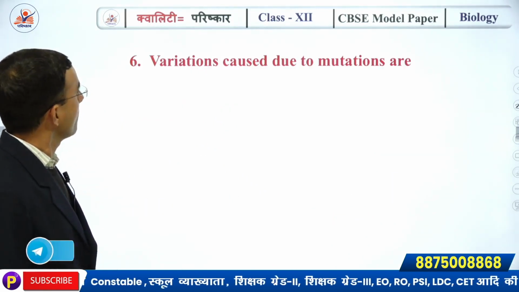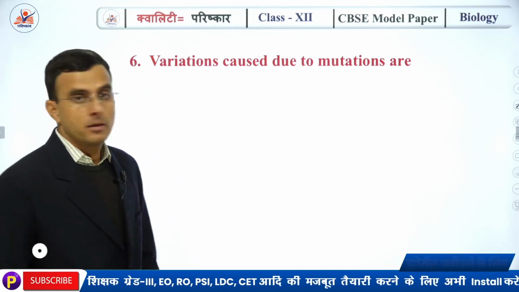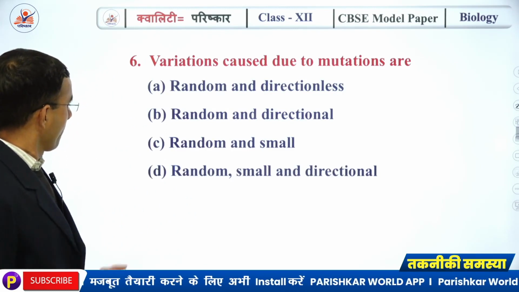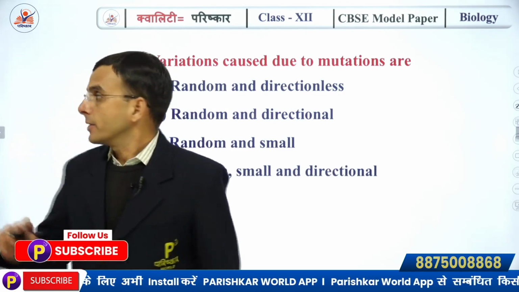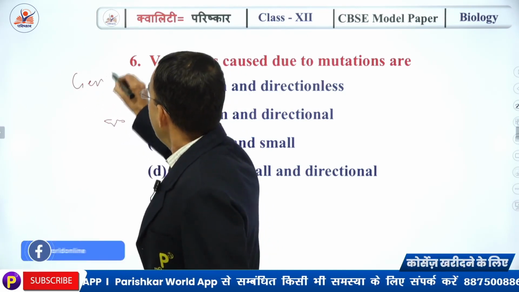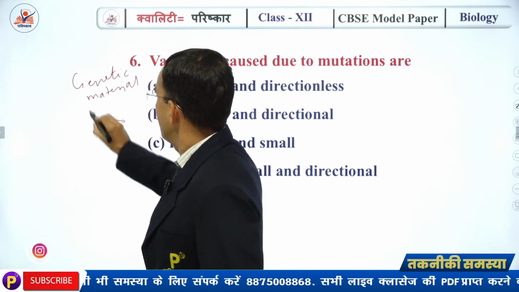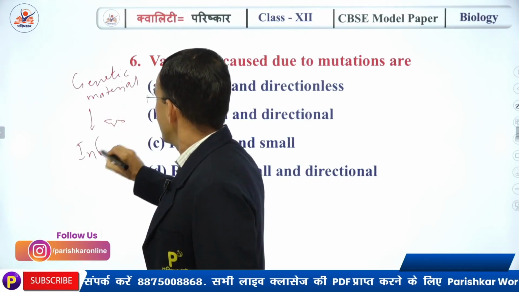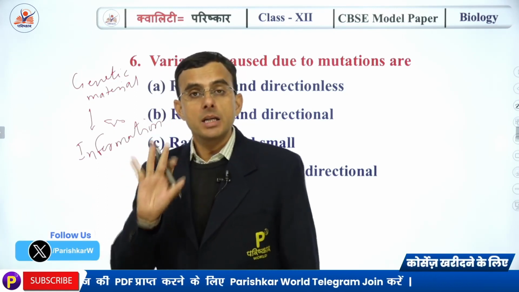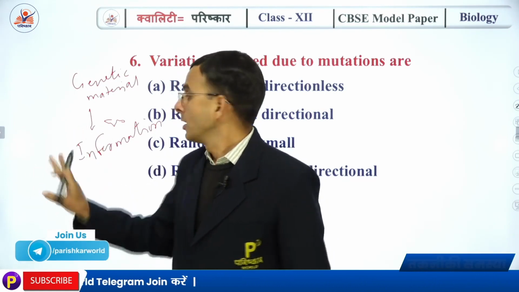Now the next one: the variations caused due to mutations are... So what is the option in this one? Now look at this. There is a genetic material, and in that genetic material all the information is stored. This information can be changed in two ways.